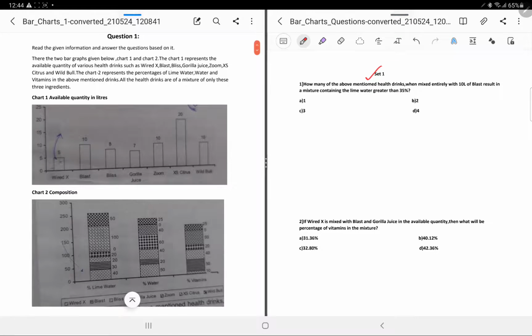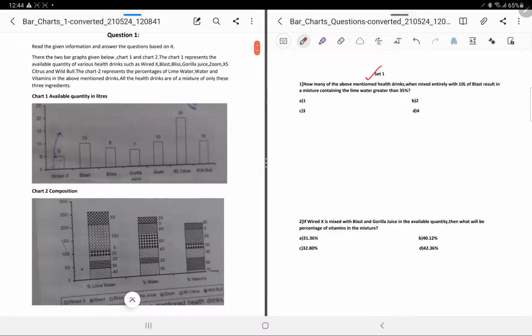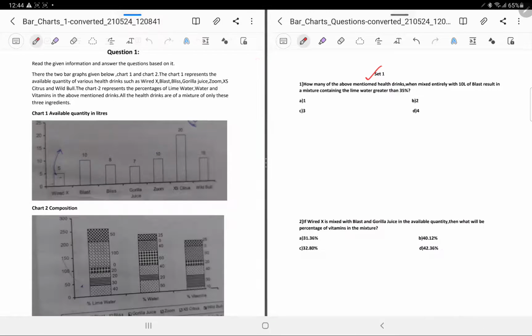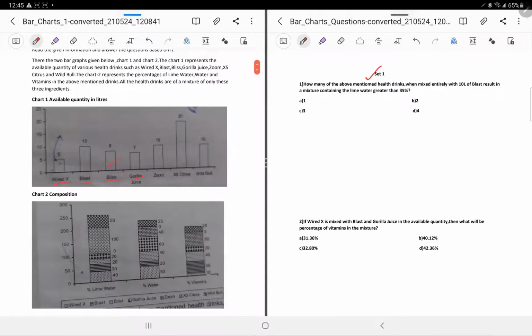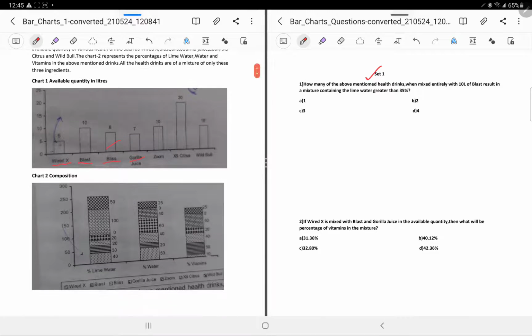So what you are given is the quantities of the various drinks. Chart 2 represents the percentages of lime water, water and vitamins in the above mentioned drinks. All the health drinks are a mixture of only these three ingredients.